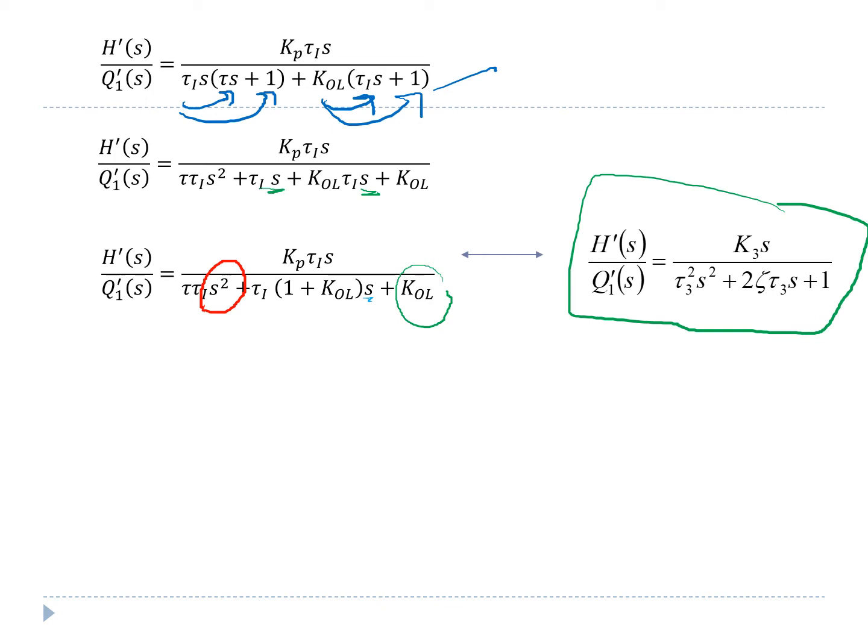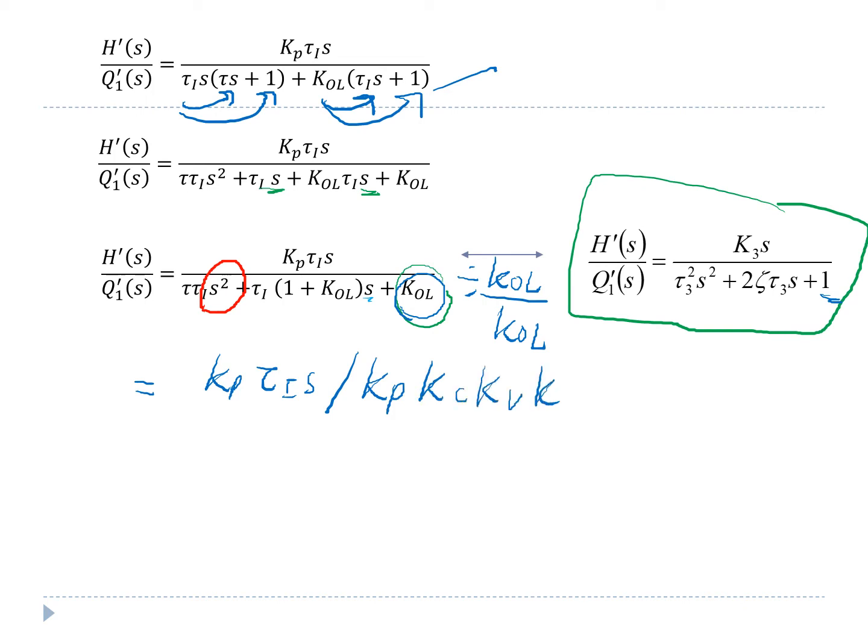So what you can do now is divide by KOL for both denominator and numerator so that this becomes 1, right? So dividing with KOL, this becomes Kp tau I s, but you know KOL is Kp, Kc, Kv, and Km.